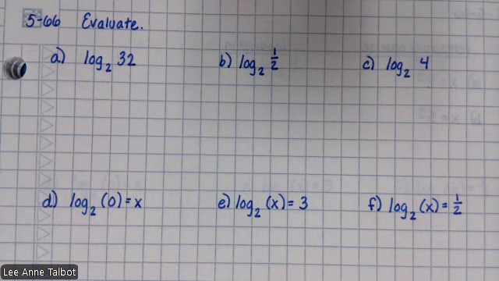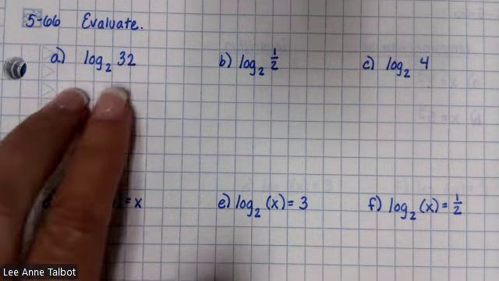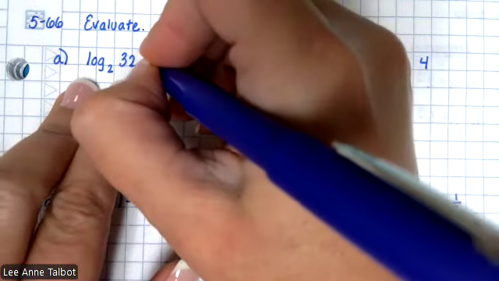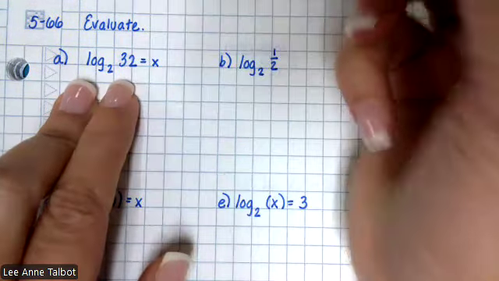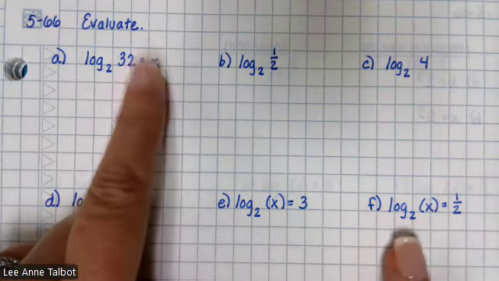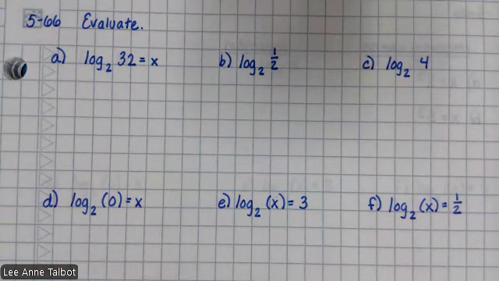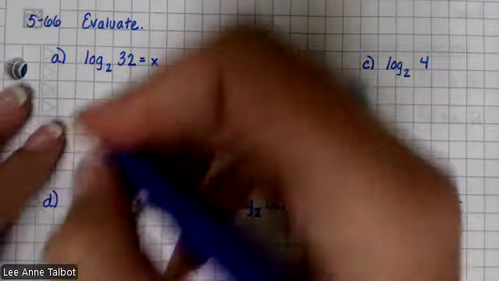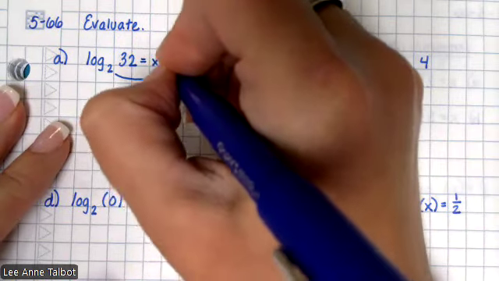Now I'm going to do the Guinan circle, but to evaluate these, I need something to make my circle go around. If there's nothing over here, put equals x, because that's what I'm going to solve for. Now make your Guinan circle.